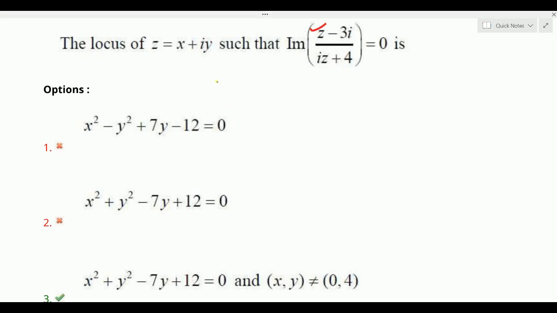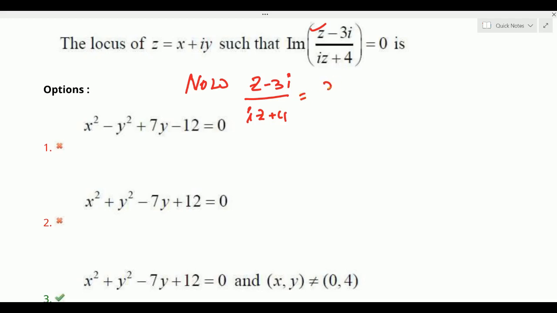First we need to simplify this. Z is x plus iy. Now we take the simplification of z minus 3i by iz plus 4.